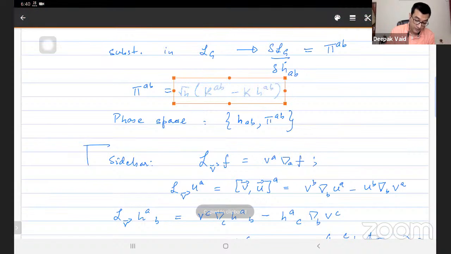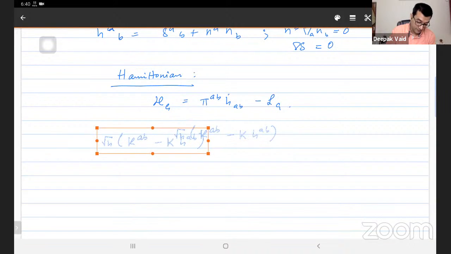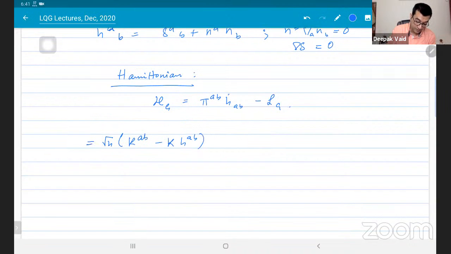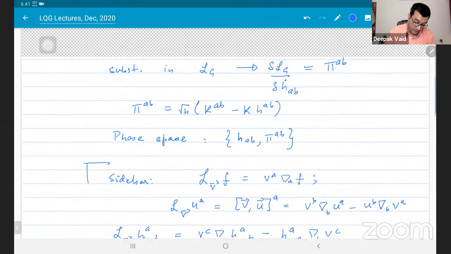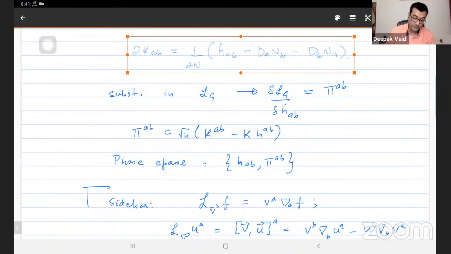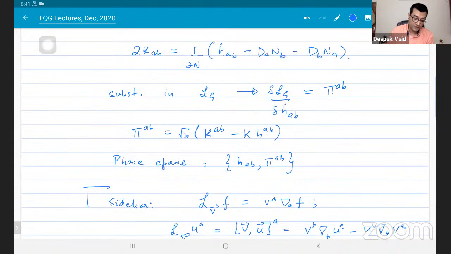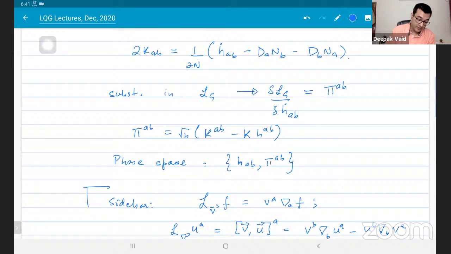We can substitute this over here. And then, what is this h dot? For h dot, again, we want to use this expression for the time derivative.